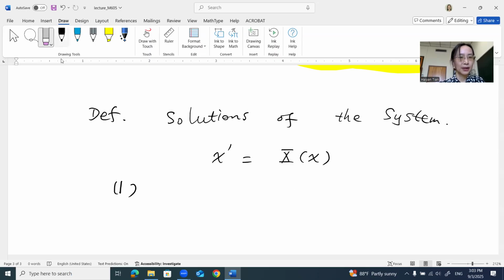Actually, we can first define a curve in Rn, because our alpha is a solution curve. So it's a solution curve in Rn. It is simply a map.